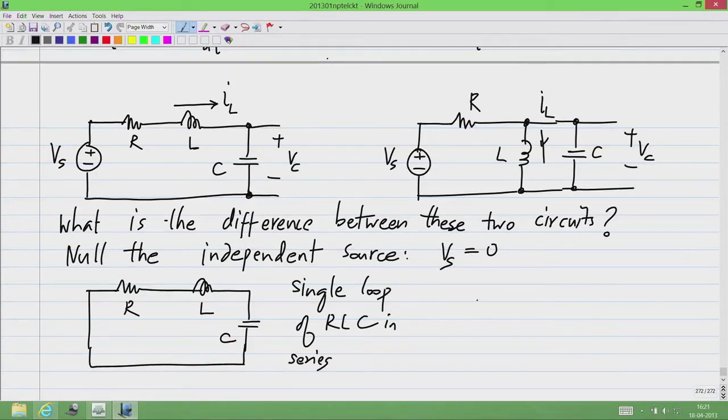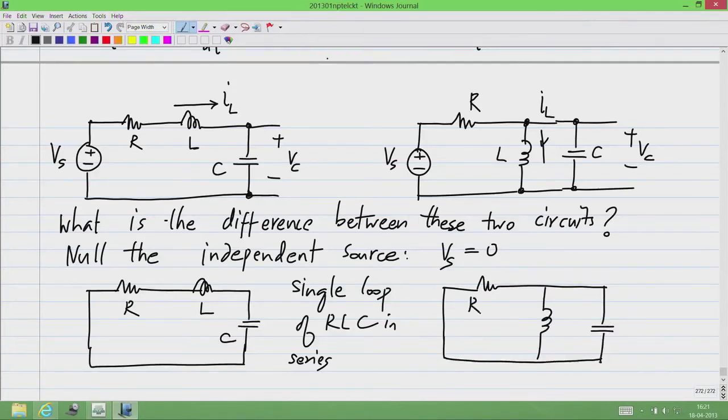And for the circuit on the right side, if you null this, we will see RLC in parallel. Now, I have drawn the R like this, but it is very clear that R and L and C are in parallel with each other.